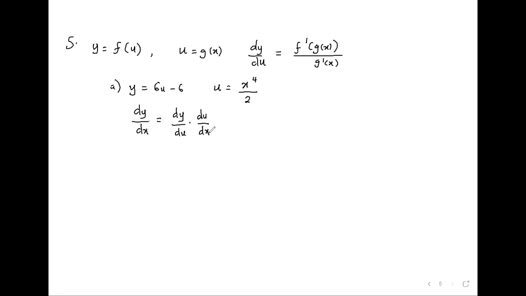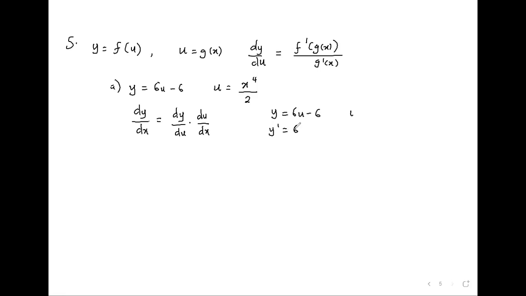So since the x is in u, first differentiate y with respect to u, and then u with respect to x. So we differentiate y, which is 6u minus 6, we get 6.